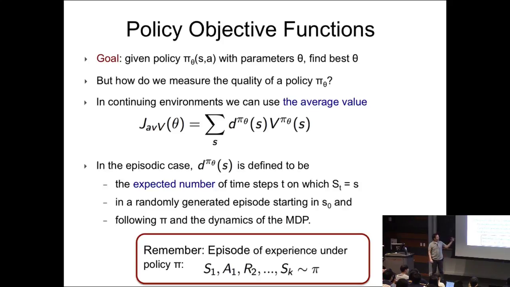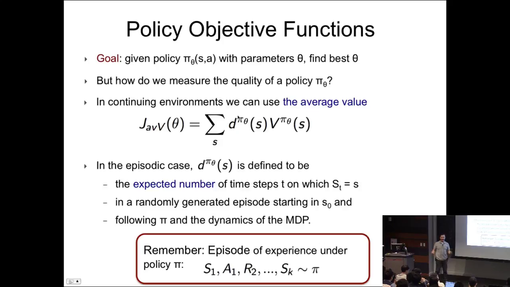I sum over all the states, I look at the probability under my current Markov decision process of being in that state, I can compute the value of being in a particular state, and I take the average. The way you can get the intuition here is that, let's say the value of some state is really bad. Being in a state that's near the cliff is really bad because you might fall off.